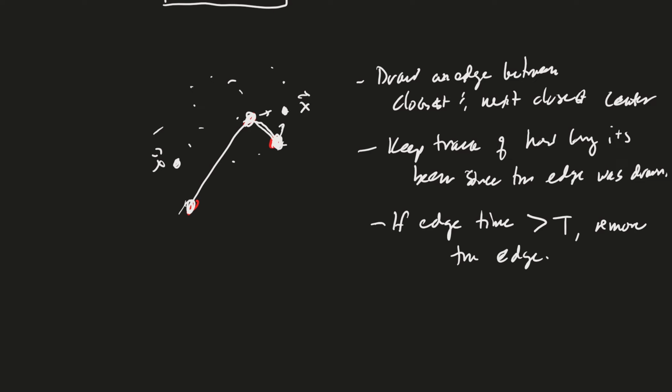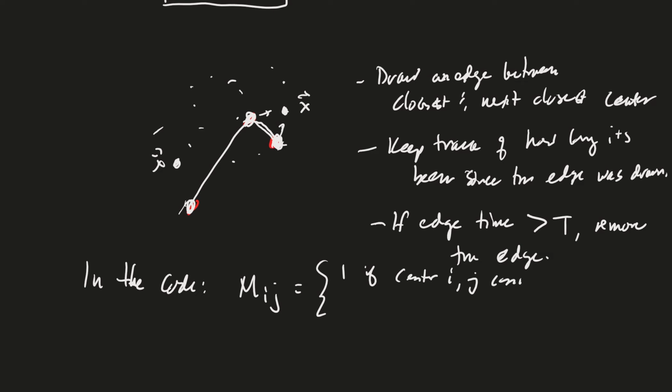Okay, and so the edges are going to be kept in a matrix, right? So the matrix in the code that you'll read, M, is going to be the connection matrix. So Mij is equal to 1 if center I and J are connected, 0 otherwise. And I would mention that this is symmetric.